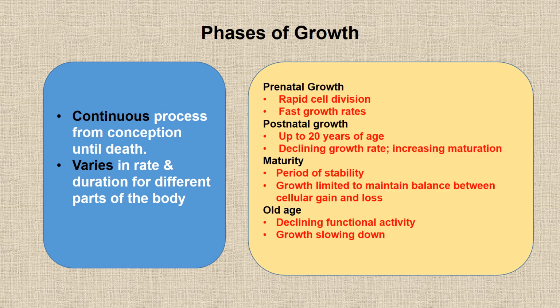The postnatal growth occurs from birth up to the age of 20 years old, and this is marked by declining growth rate but increasing maturation. After 20 years of age is the period of maturity, which is a period of stability, and growth is limited to maintaining balance between cellular gain and loss. And in old age, there is a decline in functional activity, and thus growth slows down.